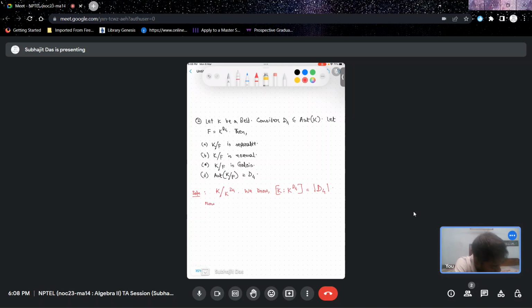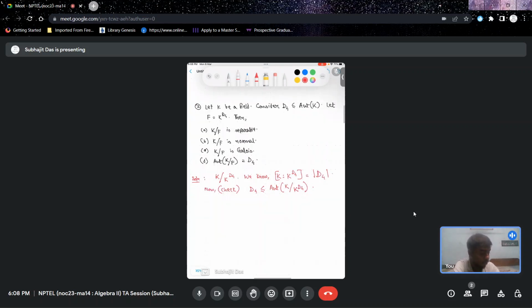Now check, this is very simple, that D4 is always a subgroup of the automorphism group of K over K power D4. If you look at the automorphism group of K over K power D4, then D4 is clearly contained in this. It's a subgroup of this, right? This you can easily check.